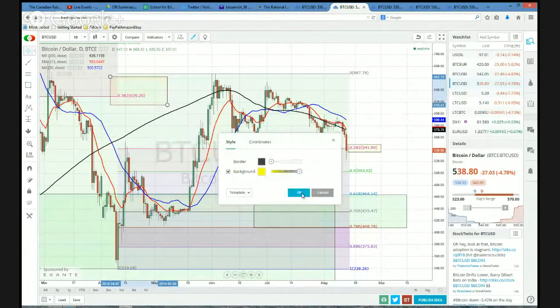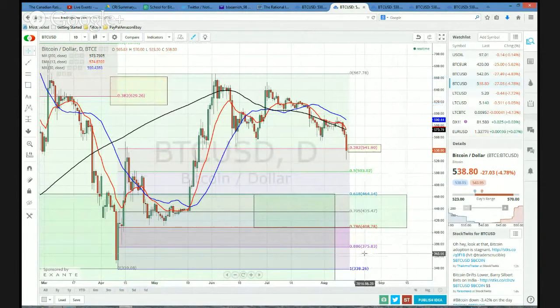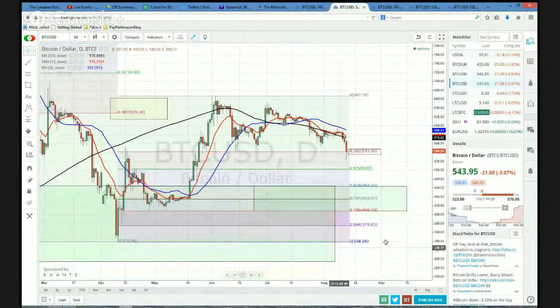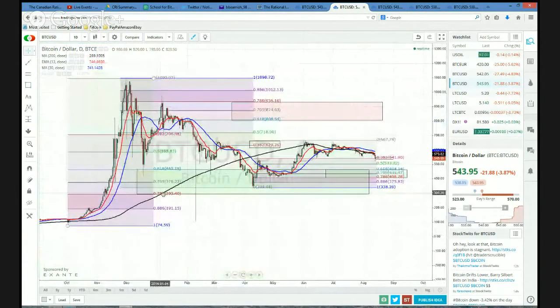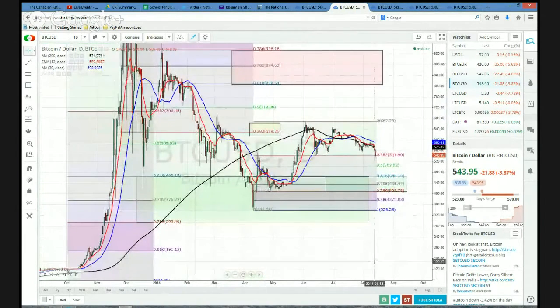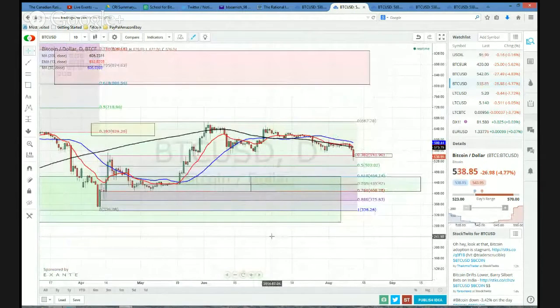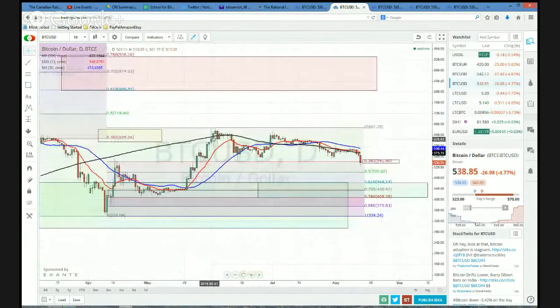Yellow for 38.2s. All right. Off of the massive range, boom, boom. This is where institutions are going to buy. Then just off of this spring, early summer range, boom, boom, this is where institutions are going to buy.